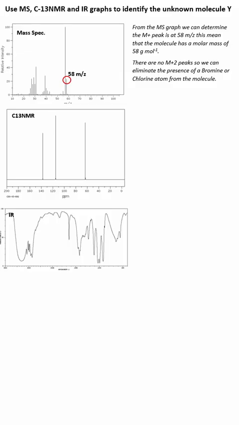Let's go on and have a look at the carbon-13 NMR graph. This is measured in parts per million, ppm. What we have here is 3 peaks. The substance that the molecule's dissolved in, which is dichloroethane, I think, is not shown on this graph.